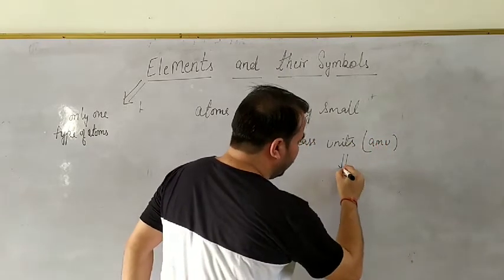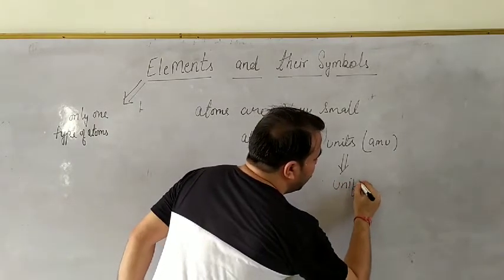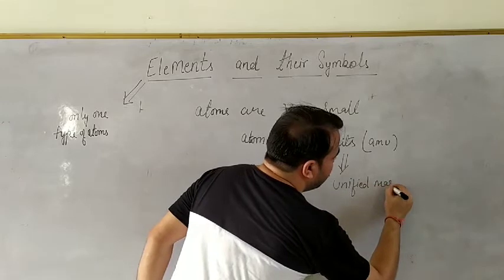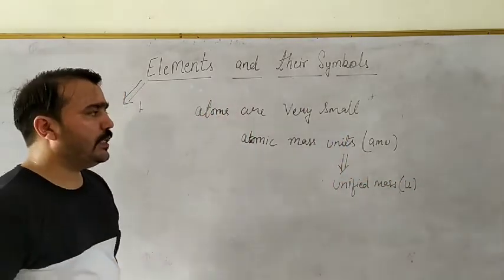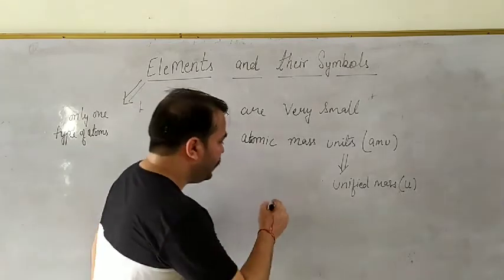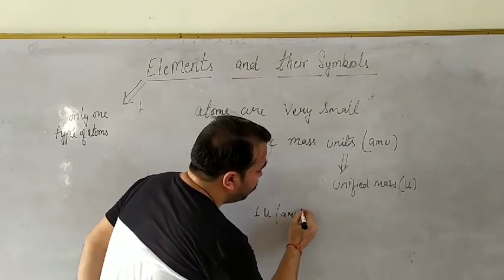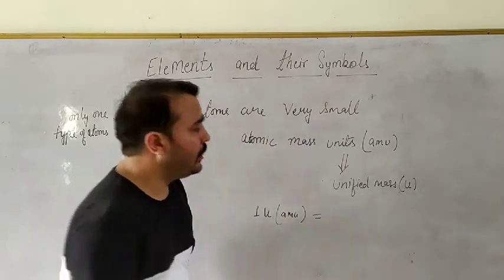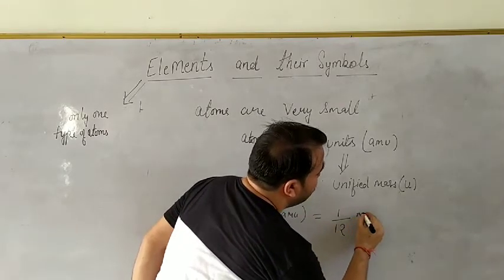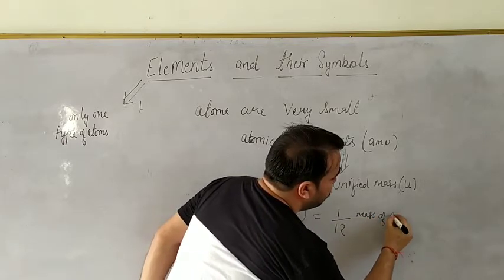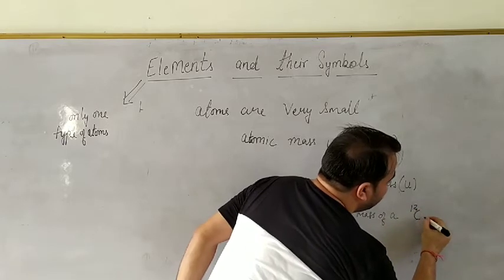Now these days AMU is replaced by unified mass, also written as U. Now what this AMU or U is: one U or AMU is defined as 1 by 12 of the mass of a carbon C12 isotope atom.